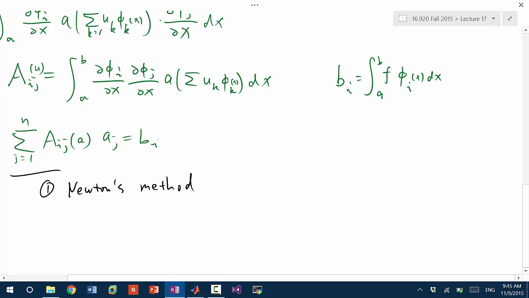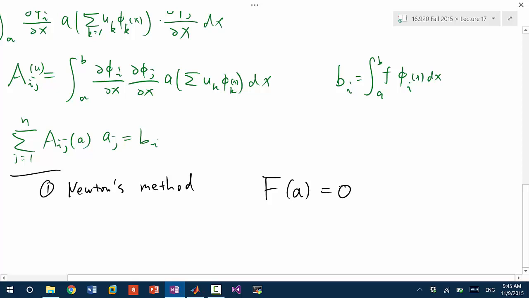So we can write this system as F(a) equal to 0, where F is a nonlinear function. It's an n-dimensional nonlinear function. So F has n inputs and also n outputs, right?